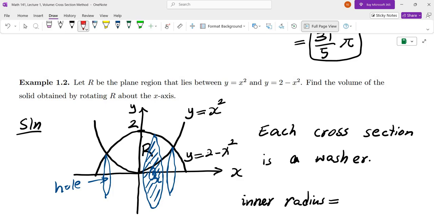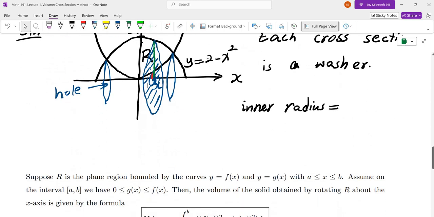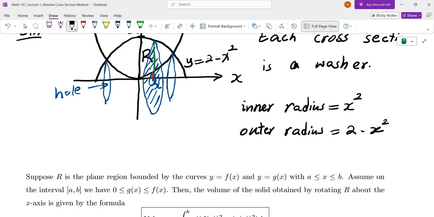Let me use a different color. So this is our inner radius, and this would be our outer radius, which is why the inner radius is y equals x squared, and the outer radius is obtained from y equals 2 minus x squared. So this would be x squared, and the outer radius is 2 minus x squared.